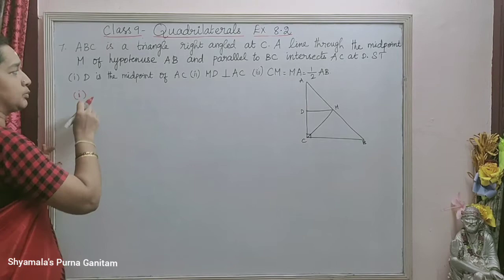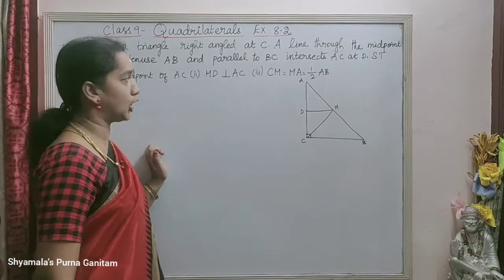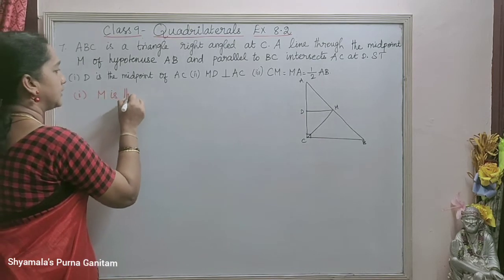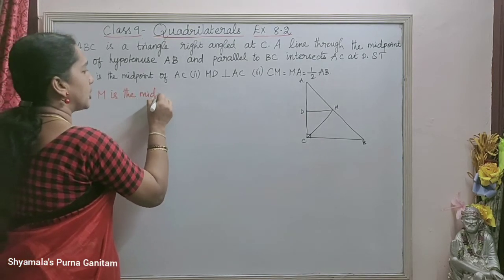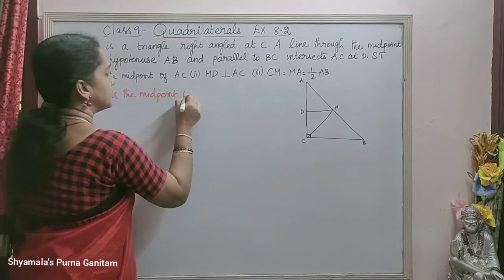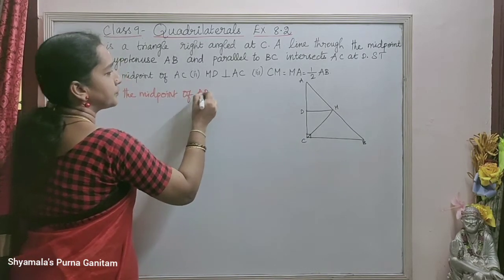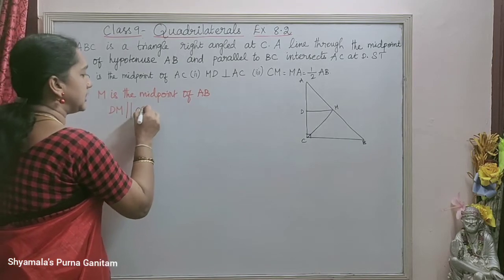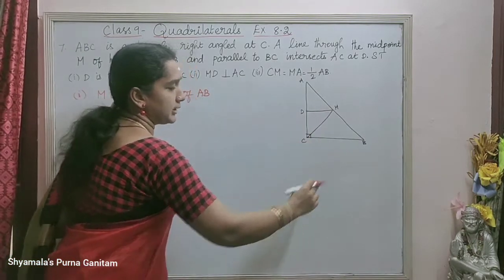First one we are asked to prove that D is the midpoint of AC. So what are the things given? M is the midpoint of AB and DM parallel to CB.